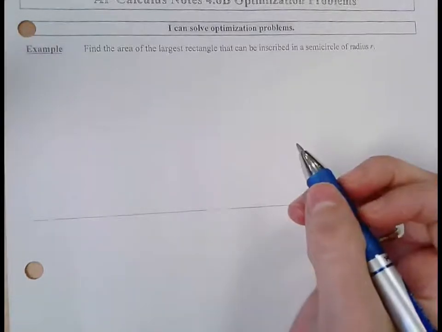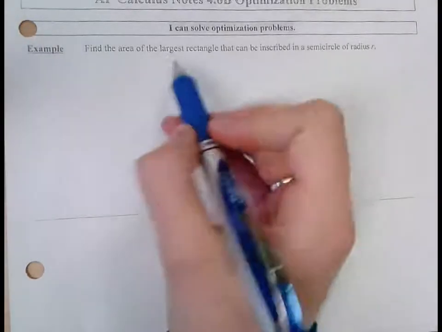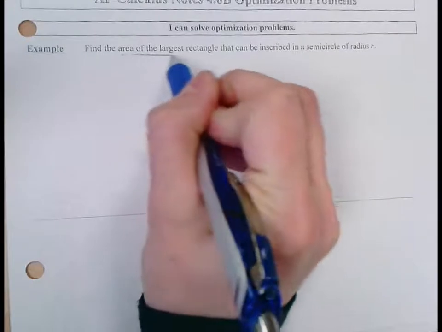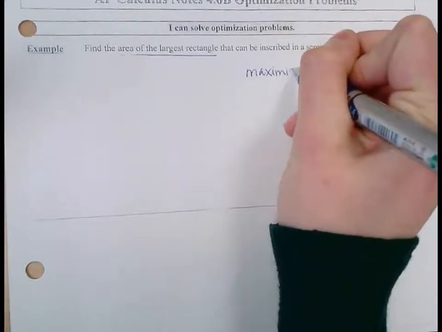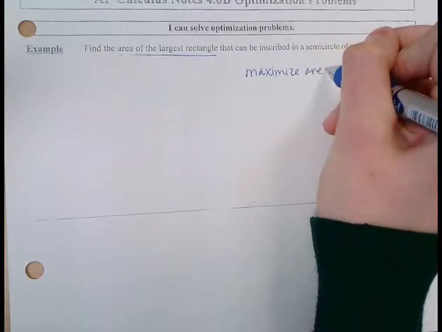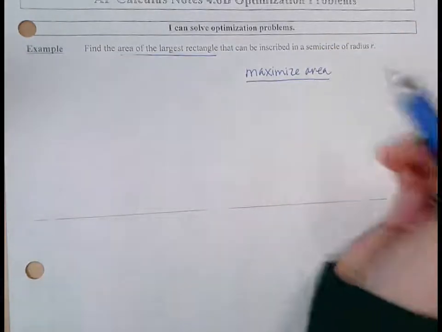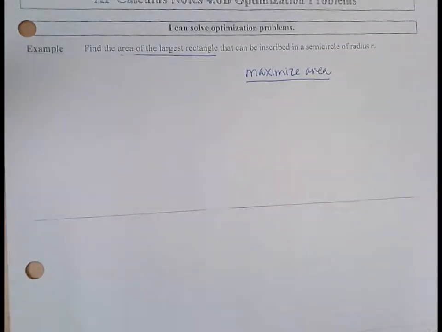And then I'll draw a diagram if it fits the problem. So what is it that we're trying to maximize or minimize in this problem? Area of a rectangle. Maximize area. And the rectangle specifically is inscribed in a semicircle of radius r.